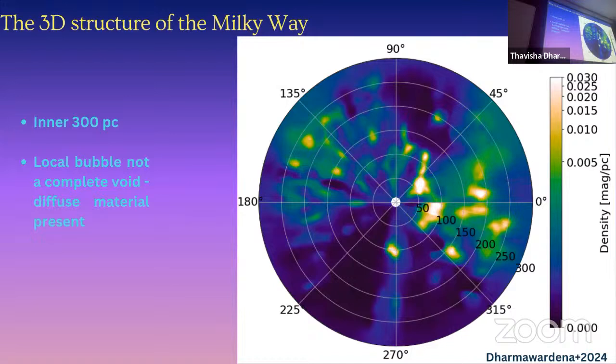So it's not a complete void. There is still structure. So this has implications for things like exoplanetary research, where you assume this completely zero extinction space. It's not really true because we do have material in it that does need to be taken into account. It is very diffuse, of course, and very low extinction, but it is there.